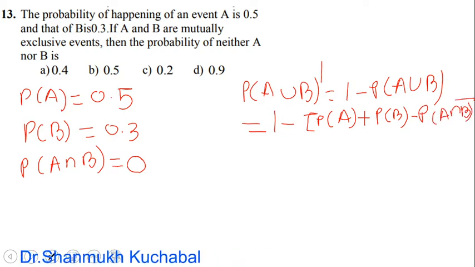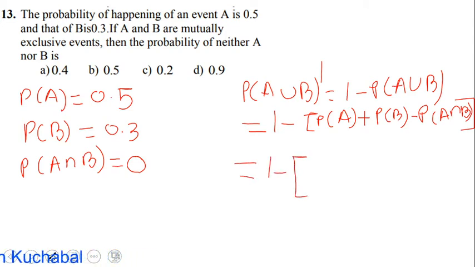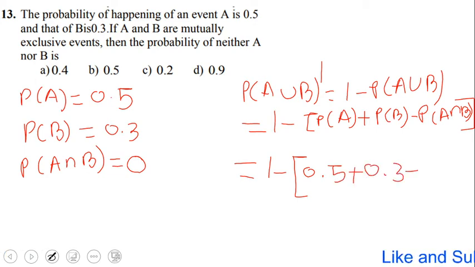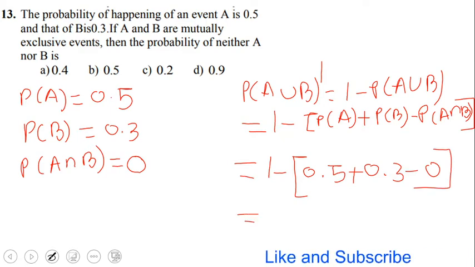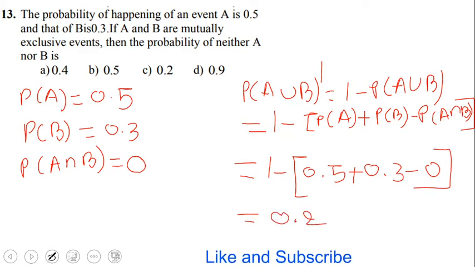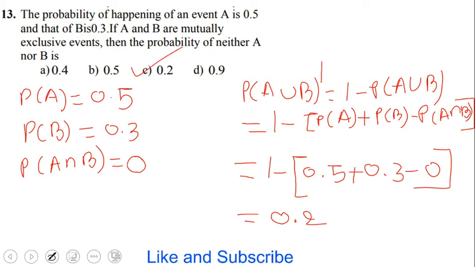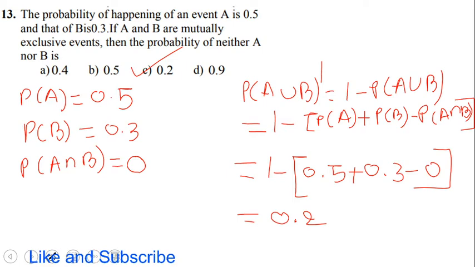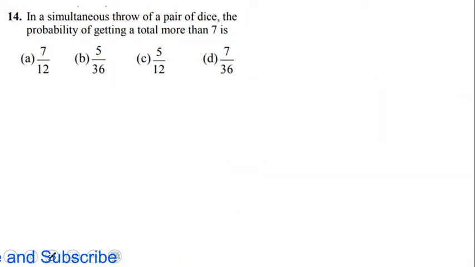This is one of the standard formulas here. So then 1 minus, substitute this, probability of A is 0.5, then probability of B is 0.3, minus probability of A intersection B is 0 here. Then simplifying this, we get the solution as 0.2 here. So clearly option C is the right answer over here. Okay, like this we have to calculate. Okay, so we'll move to our next example now.